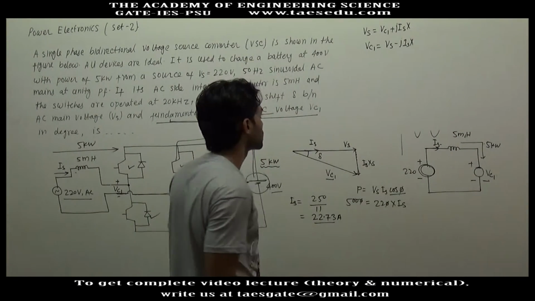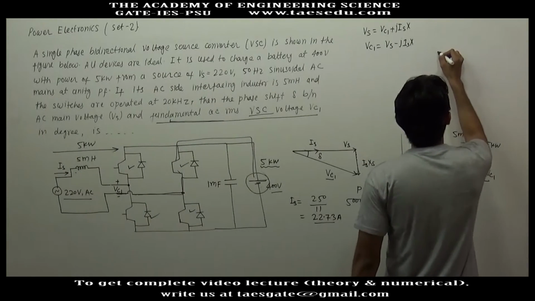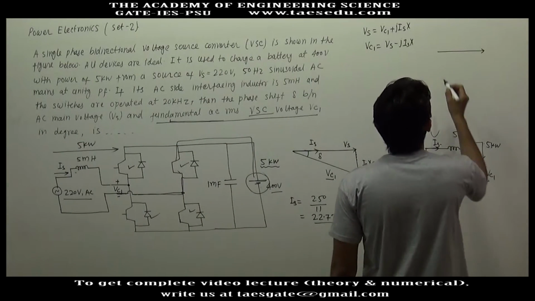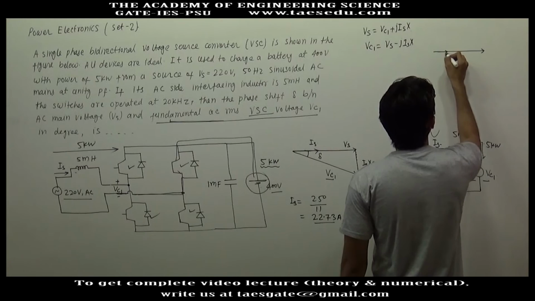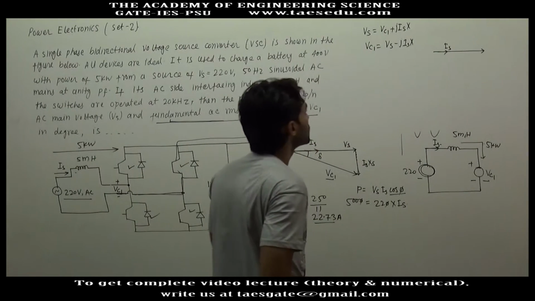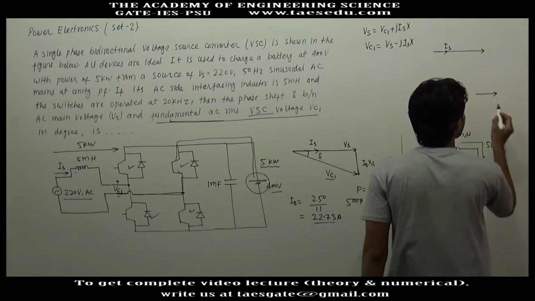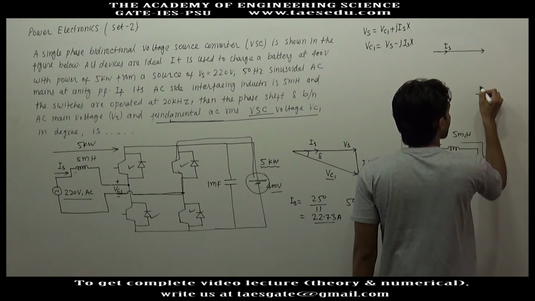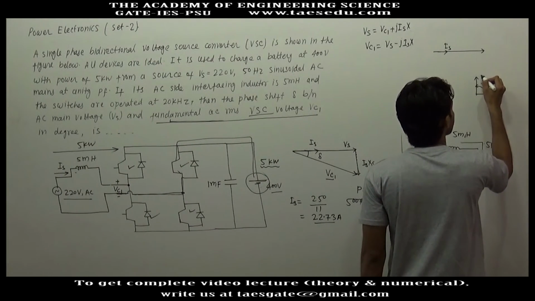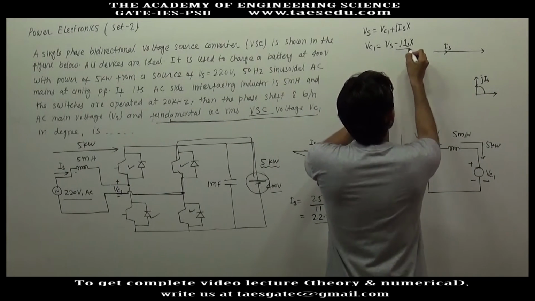Now if you draw the phasor diagram, this is Vs and this is the direction of Is. What will be the direction of jIs? If this is the direction of Is, jIs will be anticlockwise 90 degrees. Then what will be the direction of minus jIs?